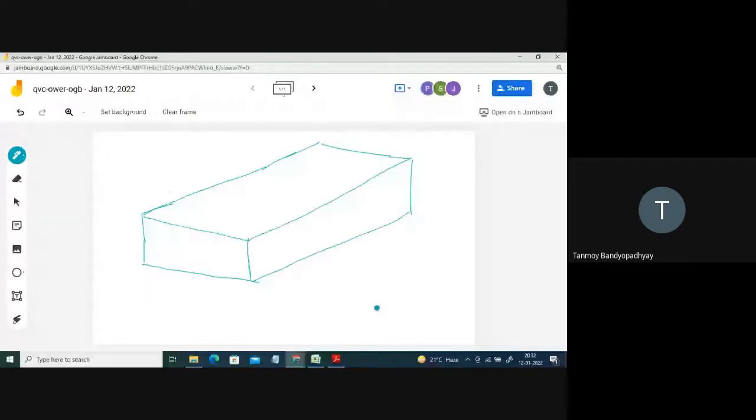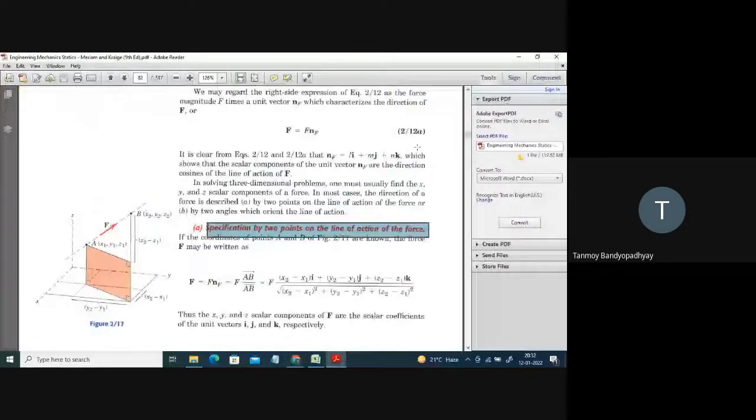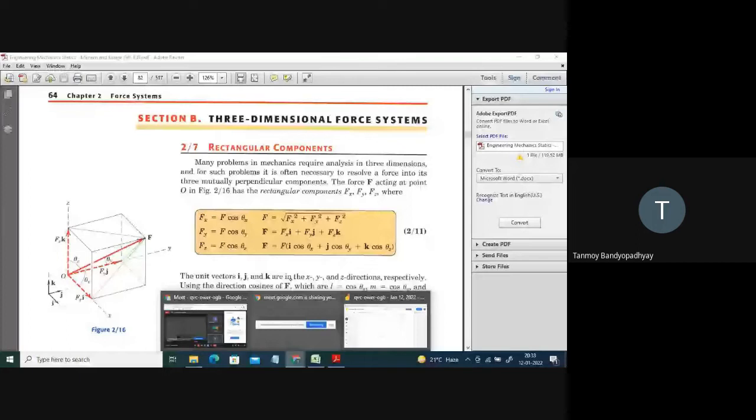So the force is acting along the diagonal, right? So this is the force vector.